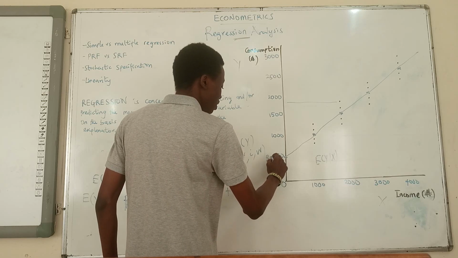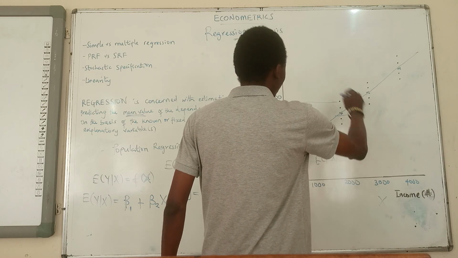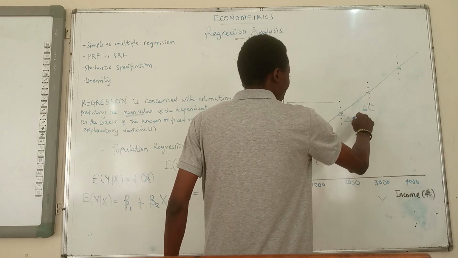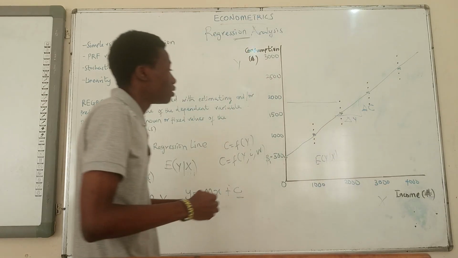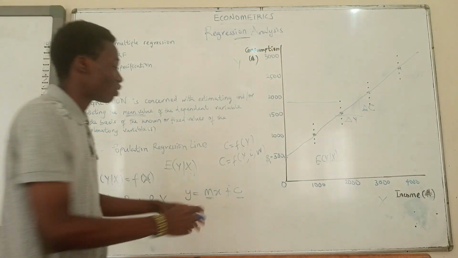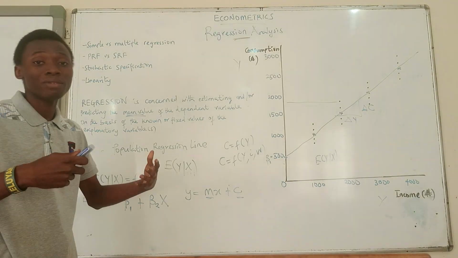And then the slope will be the change in consumption, that is the change in Y, over the change in income. And from economic interpretation, we can call the intercept the autonomous consumption, because we expect families to consume even when they don't have any income.